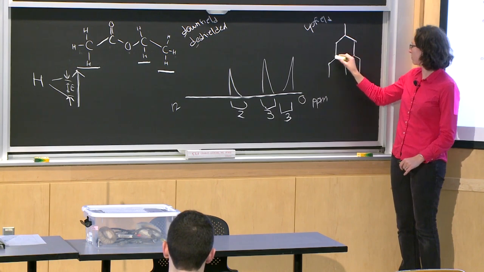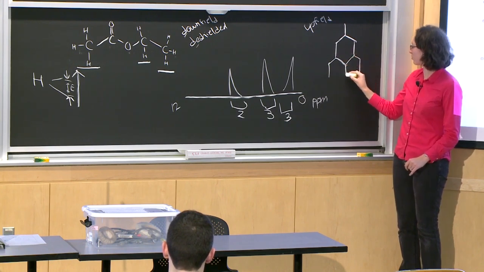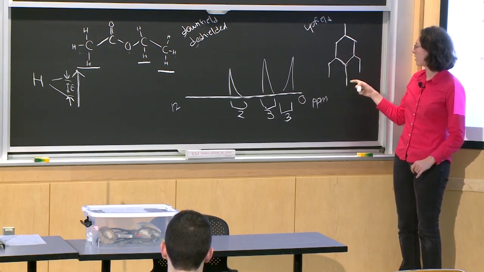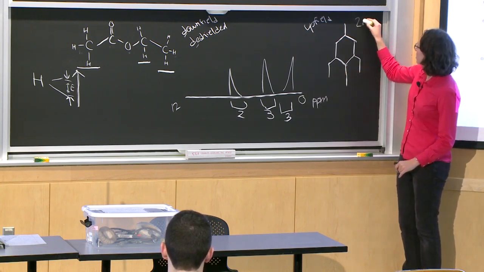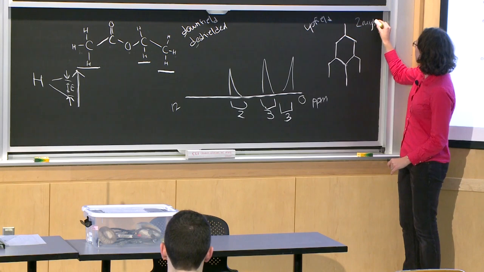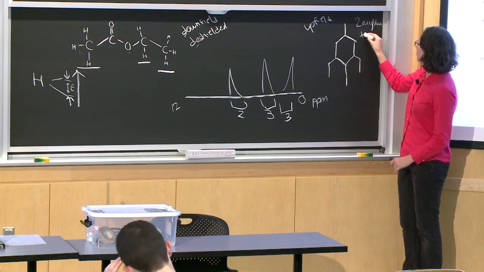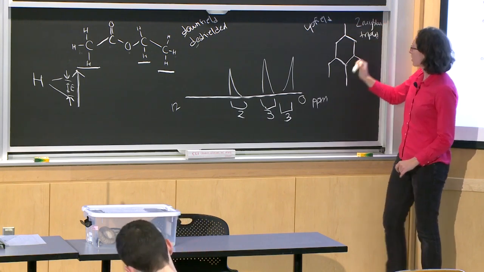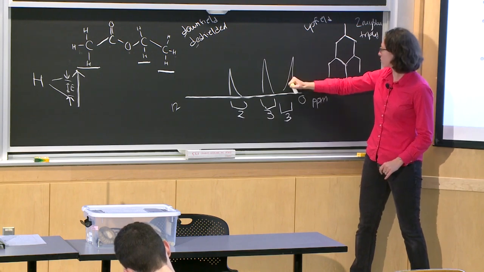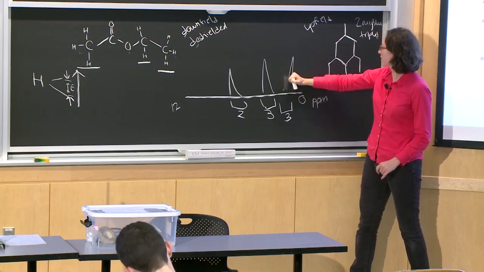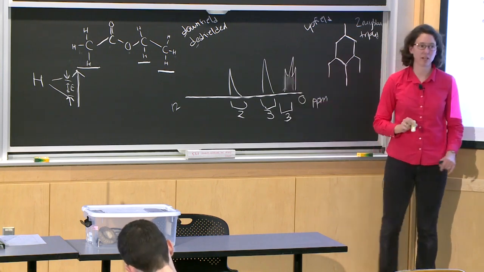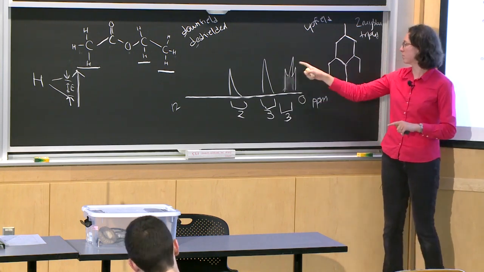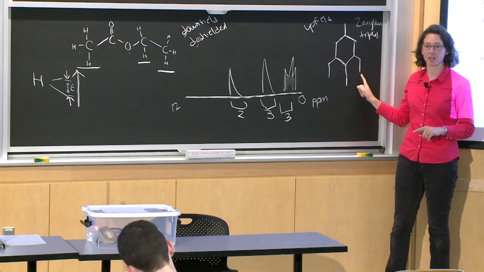So this splitting kind of combines, and this peak gets a little bit bigger. So this is what is called a triplet. So if you have 2 neighbors, you get a triplet. So that methyl group will actually look something like this. It'll have 3 peaks to it, with the middle one being the biggest, and that's the characteristic pattern of a triplet.